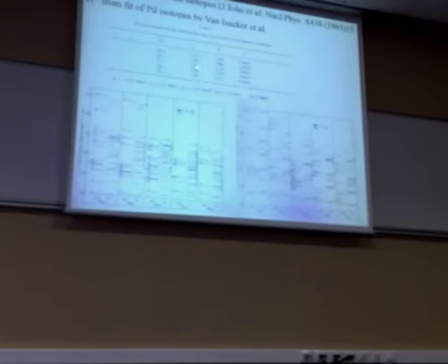Then you do the pairing calculation with this parameter delta, which is 1.5 MeV, and this gives you the quasi-particle energies and the occupation probabilities for the different orbits. U squared plus V squared should sum up to 1.